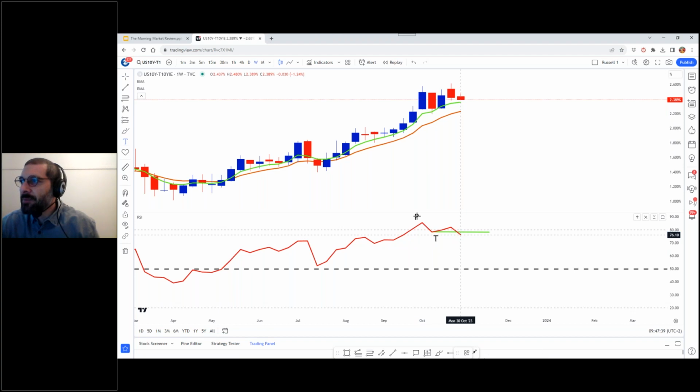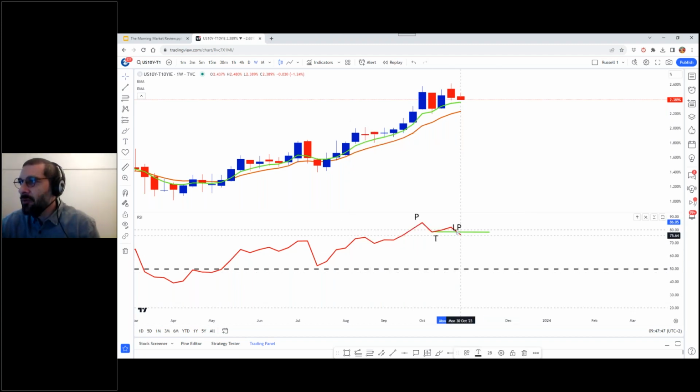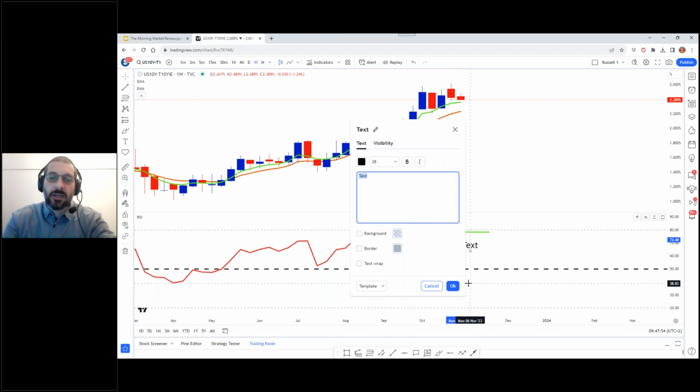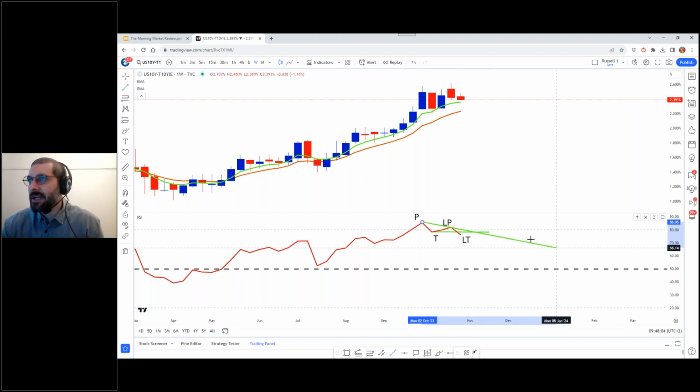Then once we have the reference peak and trough in the RSI, you have here the lower peak, and then up by the overbought, it makes the lower trough. That's what's called a failure swing in terms of the RSI. Another way to see it is a negative divergence.